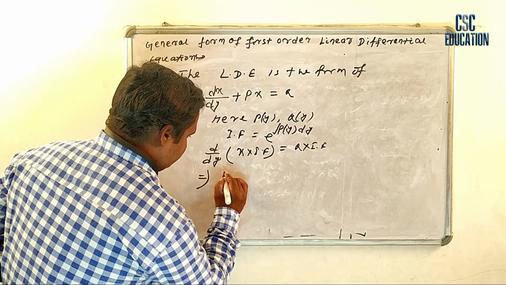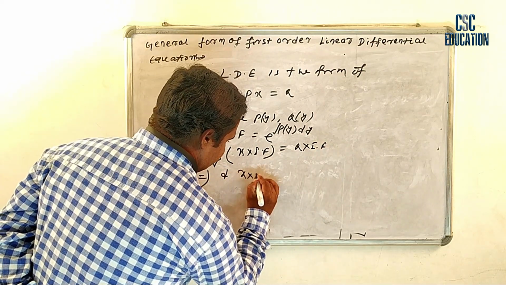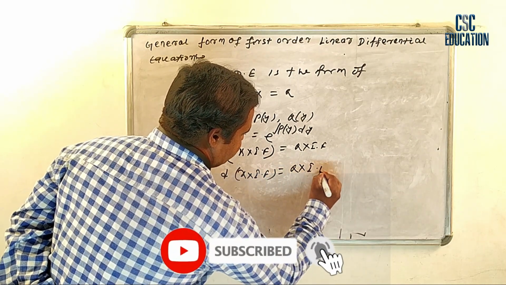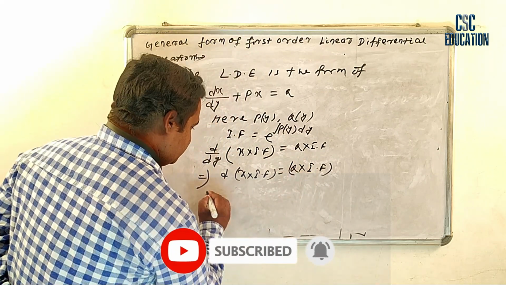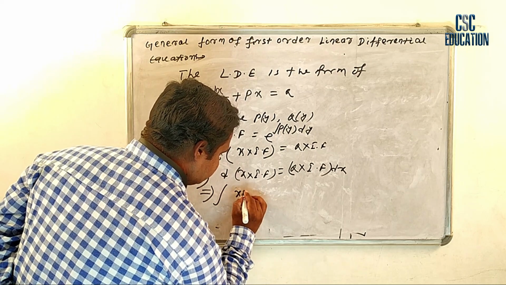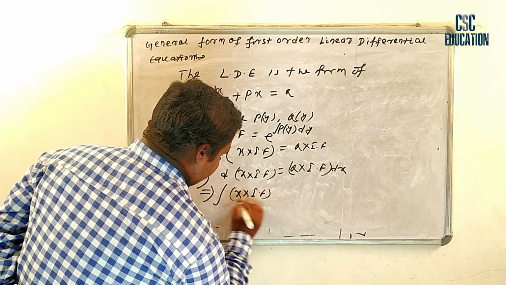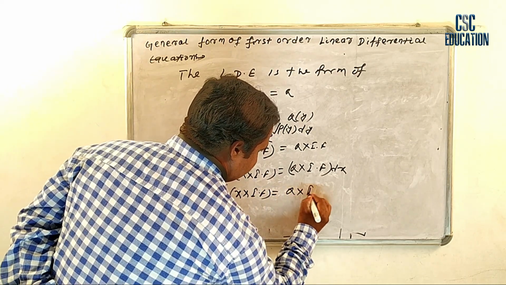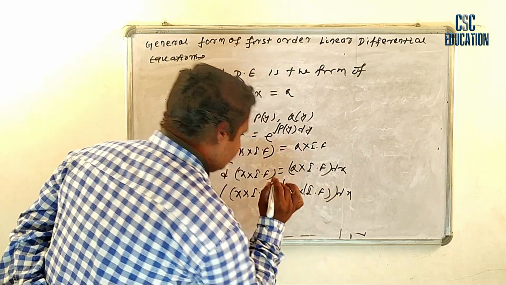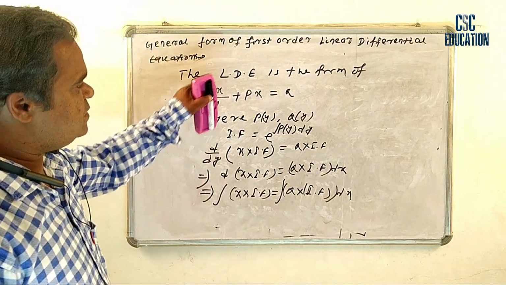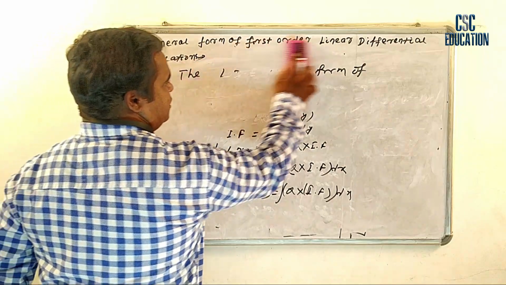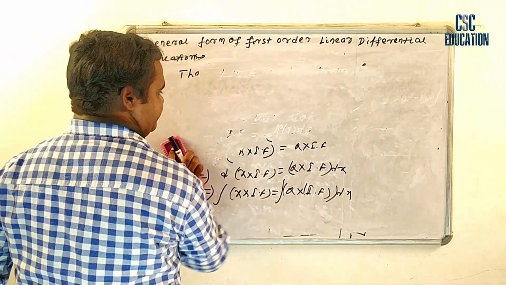Now integrating both sides, x into the integrating factor equals the integral of Q into the integrating factor dy. That is the general solution of this type of linear differential equation. So I will give examples of this type.